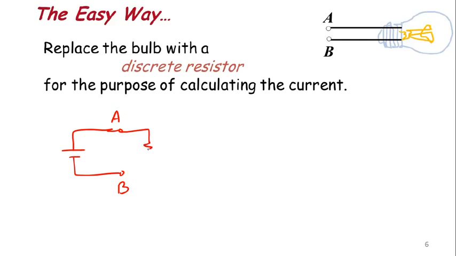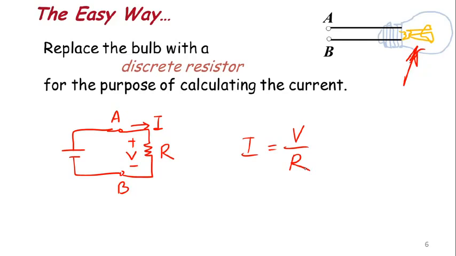I'm going to replace the bulb and model it as a resistor with resistance R. There's going to be some voltage V across the resistor, and my goal, as I said earlier, was to figure out the current I. So I've replaced the bulb with a resistor, a discrete element, which is serving as a model for the bulb. Now I can very quickly compute the current through the bulb using Ohm's law, as the current I is simply V divided by R.